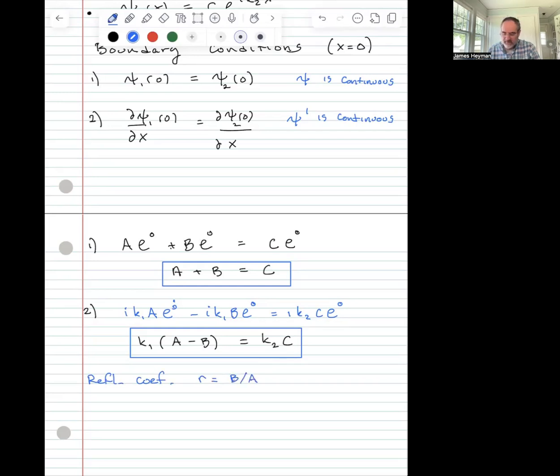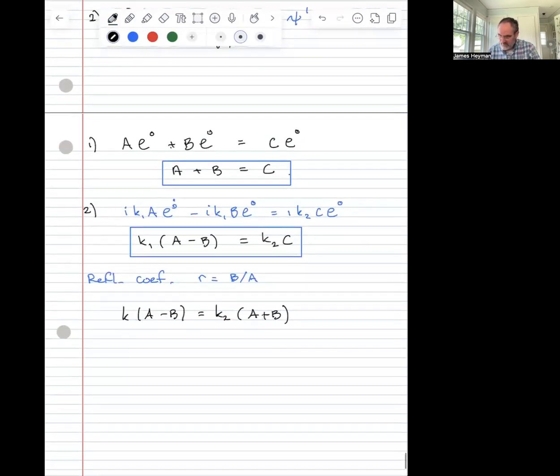Let's find the reflection coefficient, little r equals B over A. So to do this, we'd like to combine these equations to eliminate C. And we can do that by substituting the first equation into the second one, so that we have k1 times (A minus B) is equal to k2 times C, which is (A plus B). And now let's solve for B in terms of A, okay?